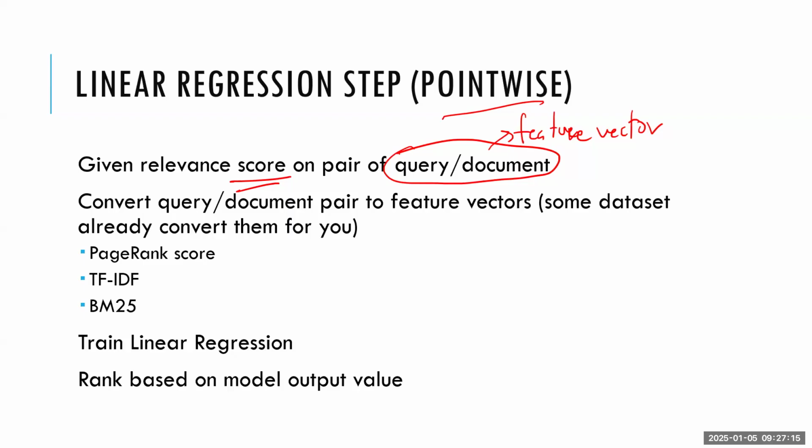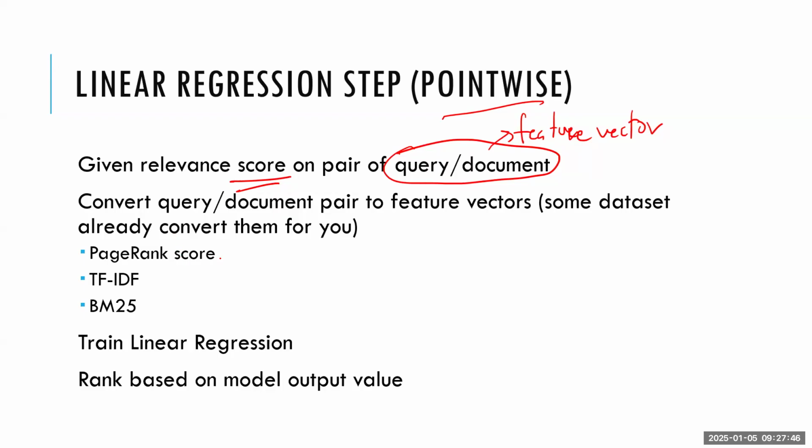There are many ways to convert it. Some of the datasets already convert it for you. But if you want to use your own dataset, you will have to learn how to construct a feature vector for your particular dataset.